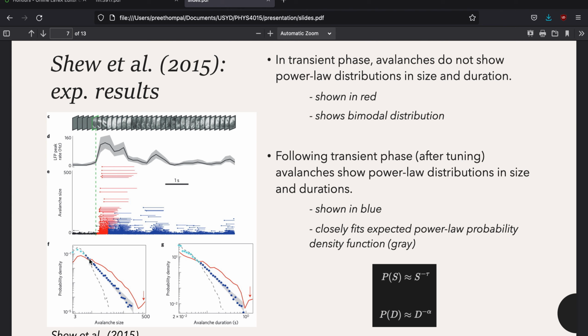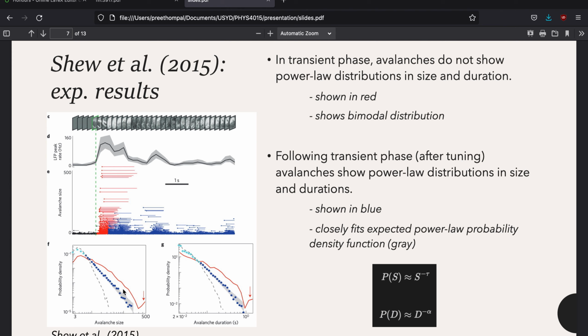So you have lots and lots of small ones and then less and less larger ones, but then you get this bump down here of very large avalanches. And so this is a bimodal distribution.